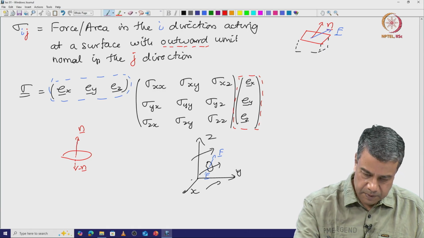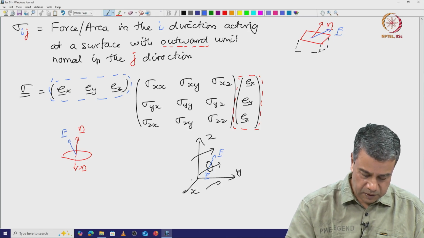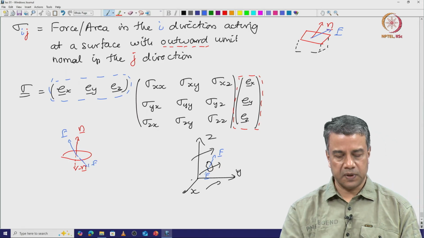So, if the volume above is exerting a force like this on the volume below, there has to be an equal and opposite force acting on the volume above.